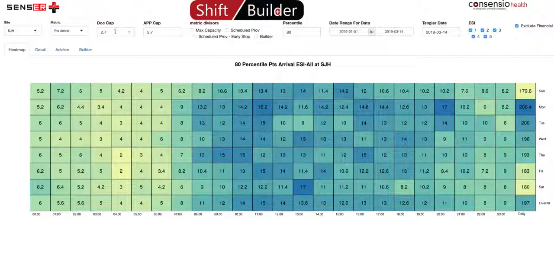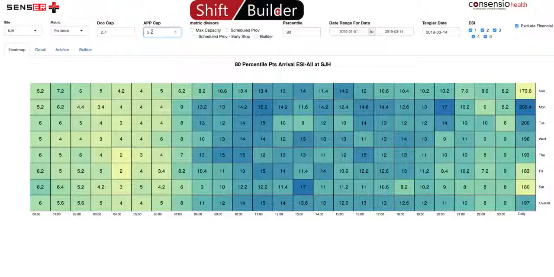I won't go into details about how to determine the maximum capacity of a physician or advanced practice provider to exhaust their capacity to supply resources for that particular metric, but suffice it to say that you can make determinations and make adjustment to the maximal capacities.